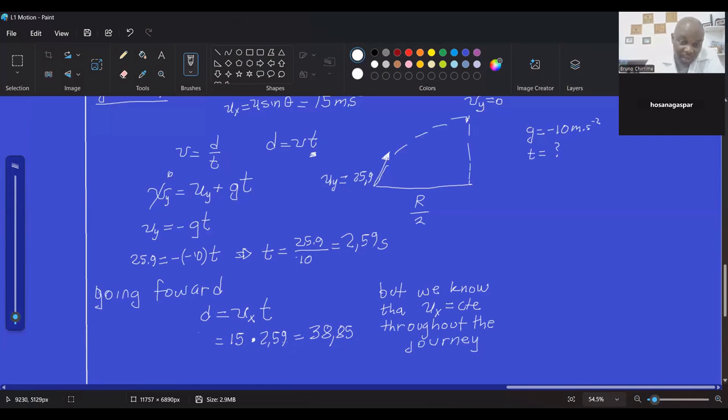Therefore, we can also say this will be the first part of the journey, distance 1, but we can also say then distance 2 will also depend on the very same velocity, 15 times time.